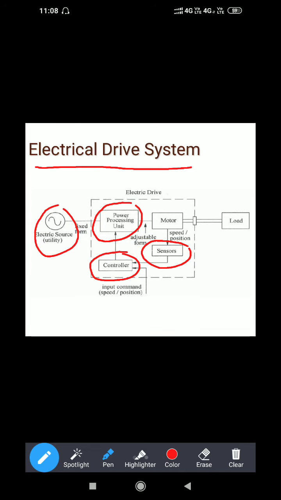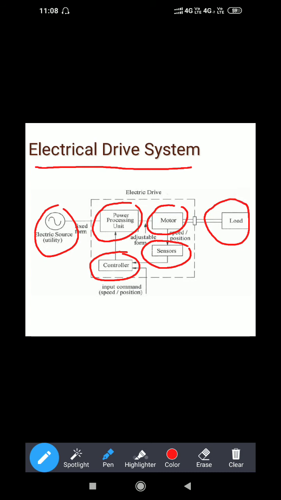The sensing device senses the speed or the position, and it is connected to the motor shaft and the load. Another important component of this drive is the electric motor, and finally a load.